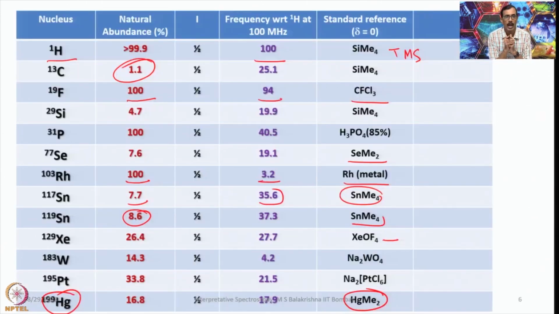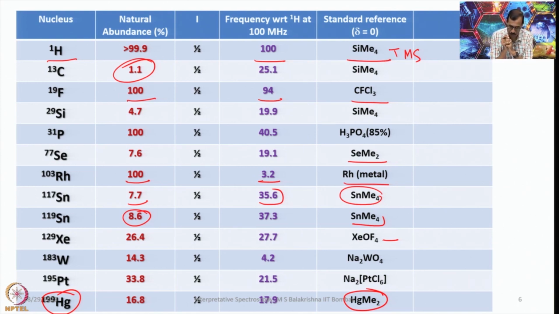Now here I have given different nuclei having nuclear spin I equals half, and I have considered hydrogen with instrument frequency 100 megahertz. You can see the corresponding frequency for the different nuclei, all having nuclear spin I equals half, and I have also given natural abundance here. 1H is 99.9% and it is 100 megahertz, and the standard we are using is tetramethylsilane.